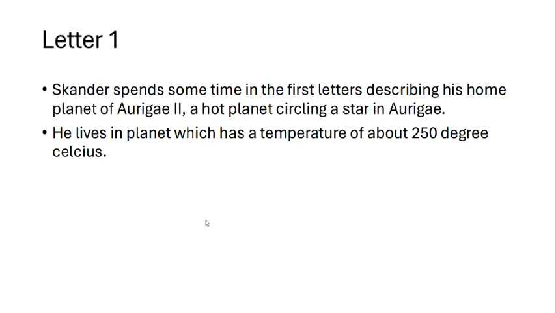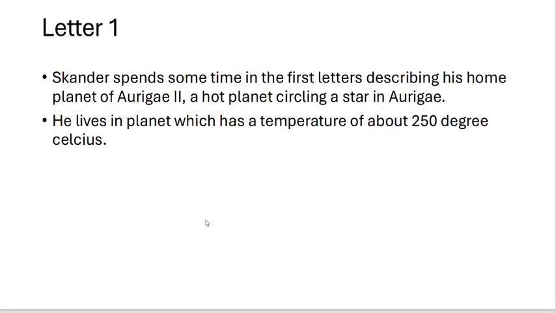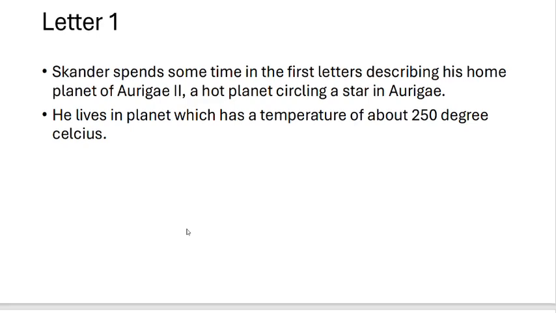It is a very hot planet. Now he lives on a planet which has a temperature of above 250 degrees Celsius. In this first letter, Skander also revealed that the planet which he belongs to has a temperature of about 250 degrees Celsius.